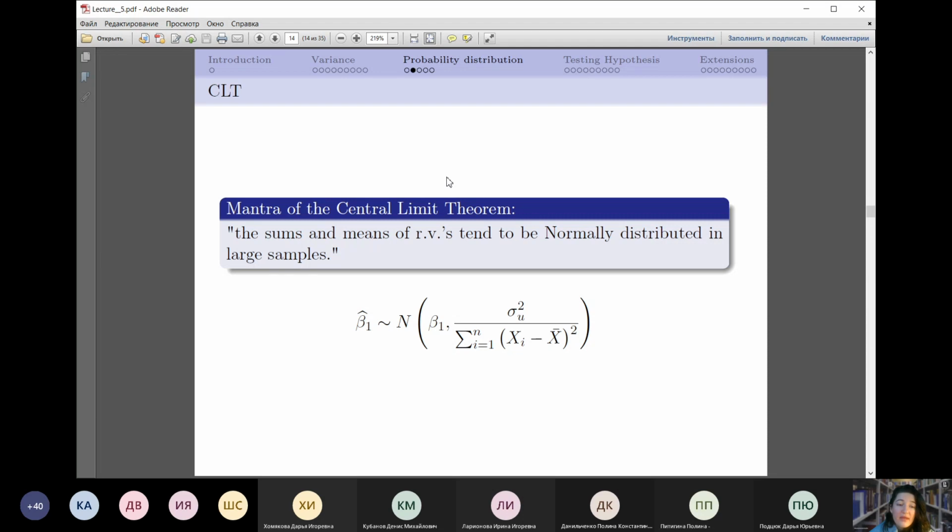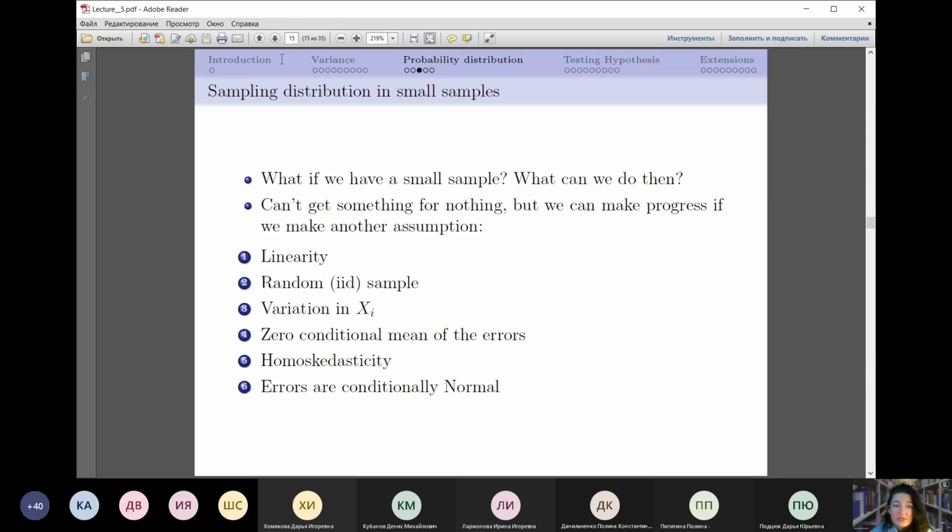So the meaning of sufficiently large will change from problem to problem, from sample to sample, and from research question to research question. But of course, this result is frequently invoked in regression analysis, and we have some assumptions.